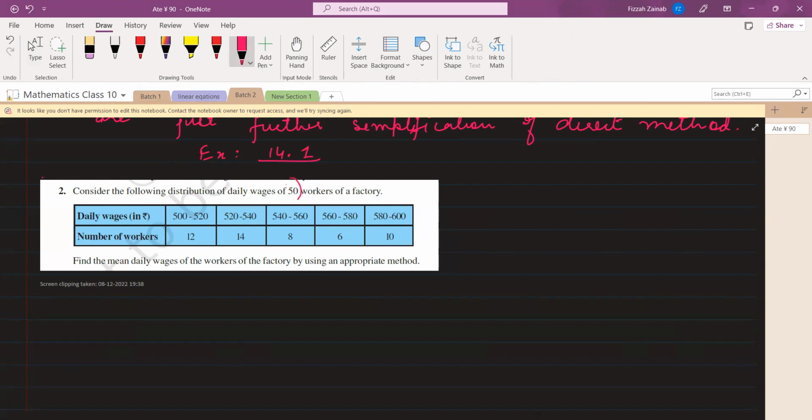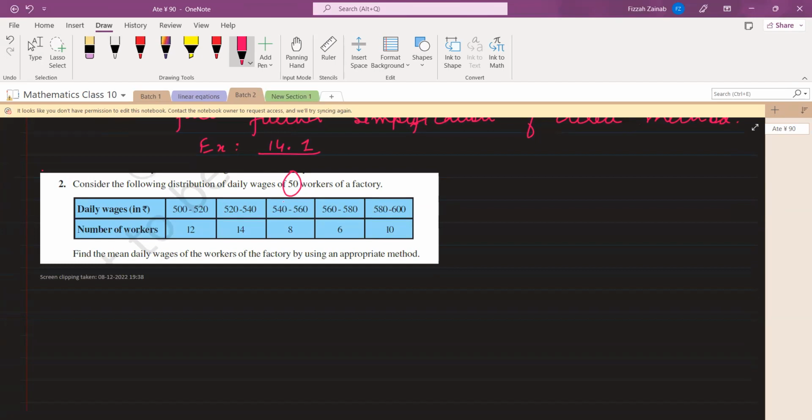So this summation of Fi is actually given in the question, right? Workers are 50. Find the mean daily wages of the workers of the factory by using an appropriate method. If such language is written, you can use any method you wish: direct method, assumed mean, or step deviation. Any. Let us make a table here.